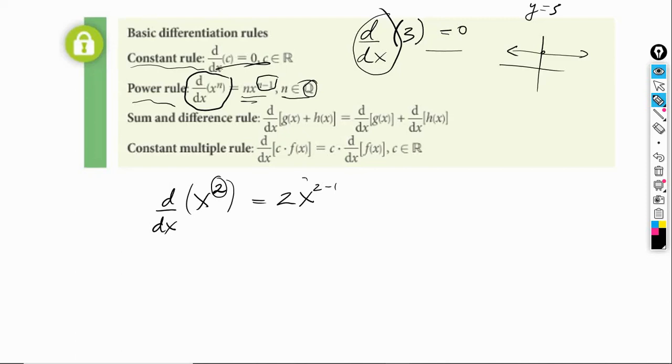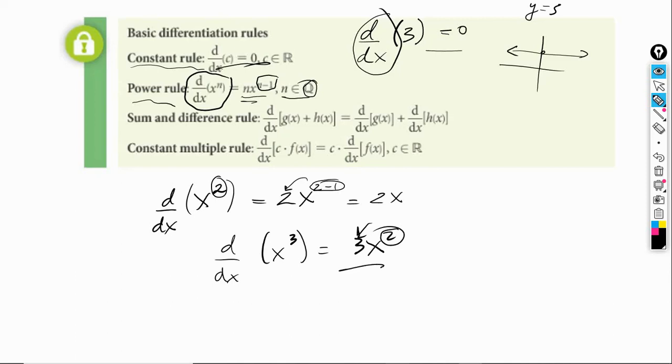We send the exponent to multiply, and then we subtract 1 from the exponent, and we're going to get 2x. Let's say you had x cubed. What is the derivative of x cubed? Well, this would be 3x squared. We sent the 3 to multiply the coefficient, and we subtracted 1 from the exponent. So this is the basic differentiation rule that you really need to know, and it's very simple, much easier than finding the derivatives through the concept of limit.